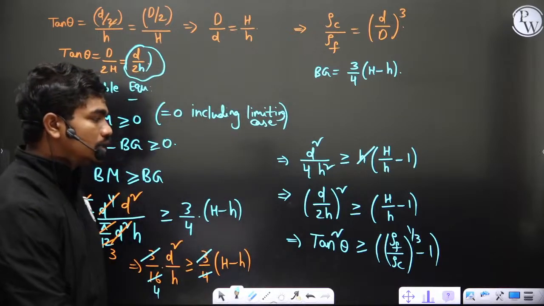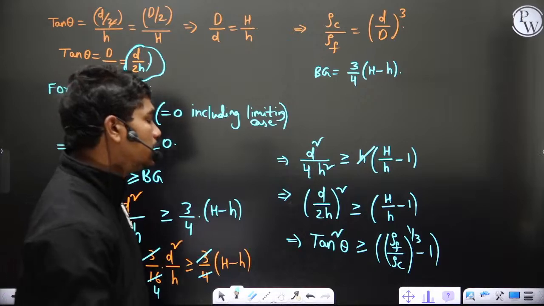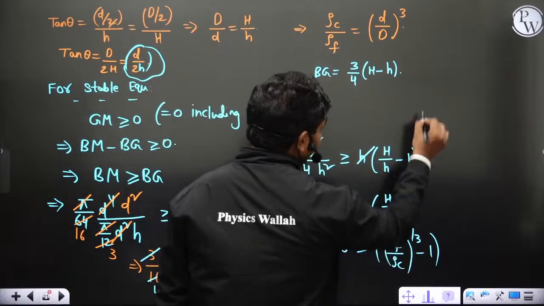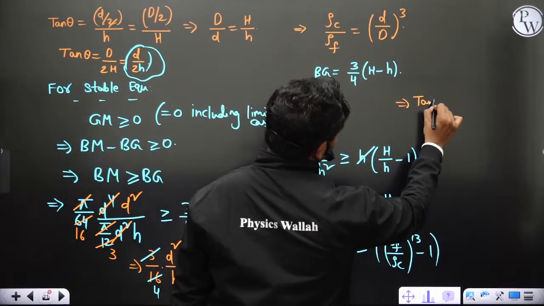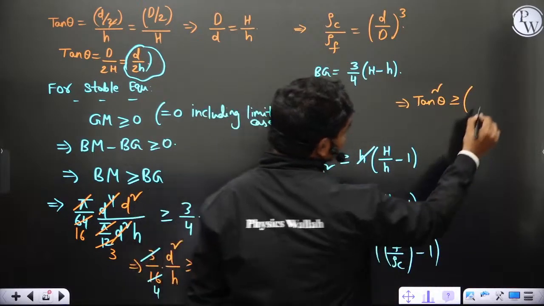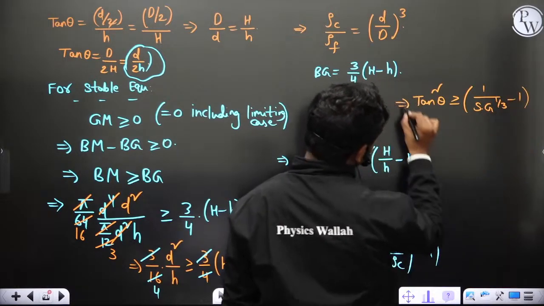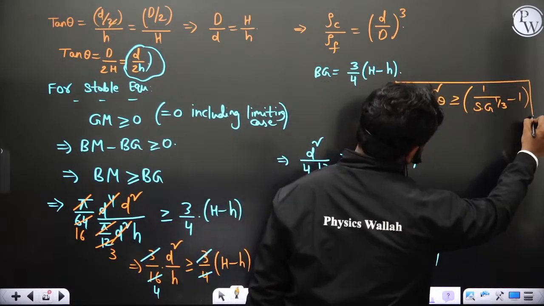So that's what you have. So tan square theta should be greater than or equal to this particular value. Now tan square theta should be greater than or equal to 1 by specific gravity power 1 by 3 minus 1. This is the condition for stability in this case.